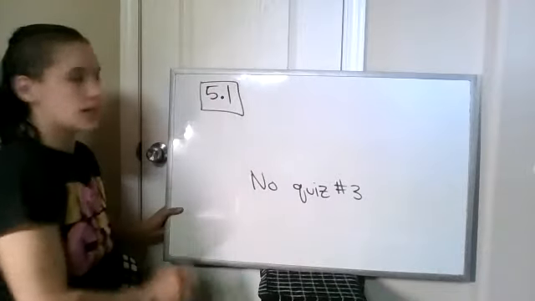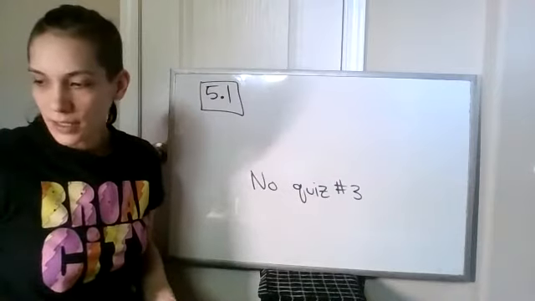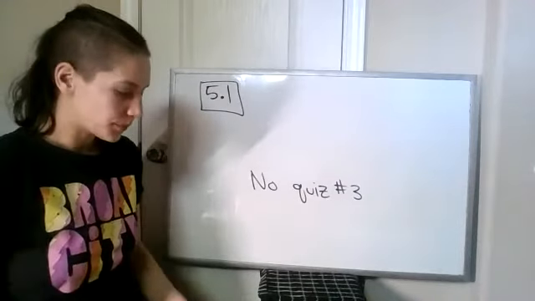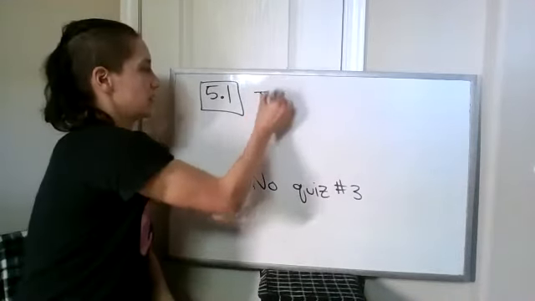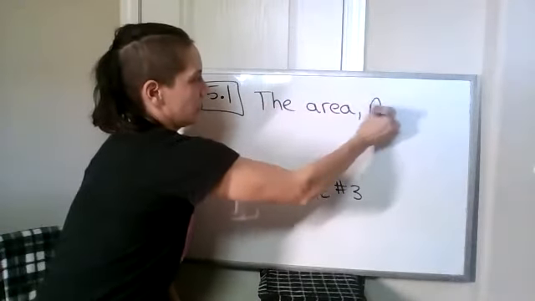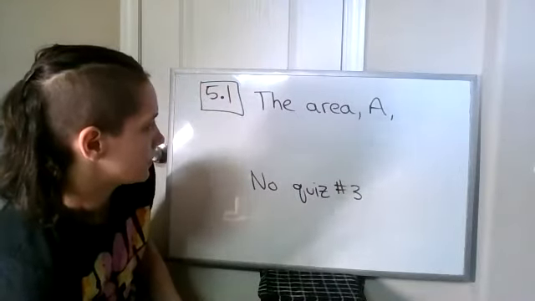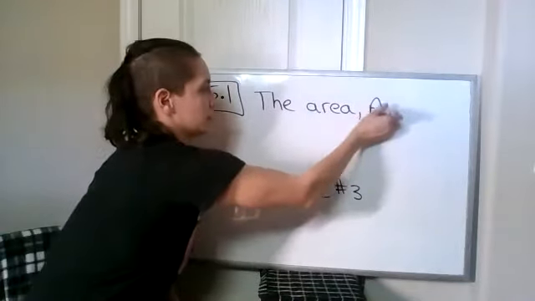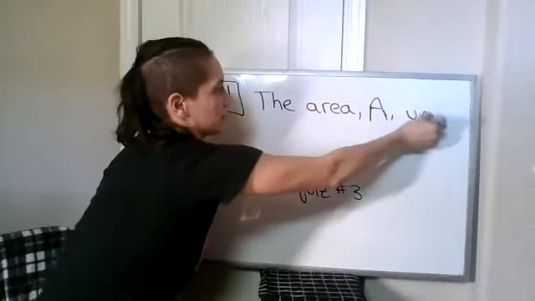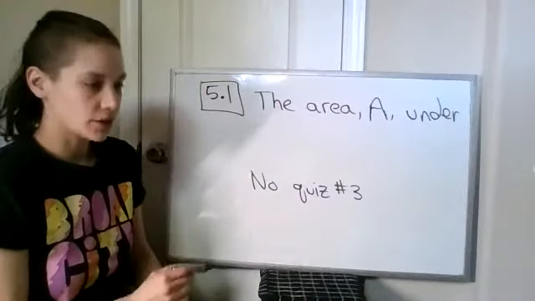Just going back to the last thing we did, which was the area under a curve. So the area, I'm going to call A, under the graph of a function f.